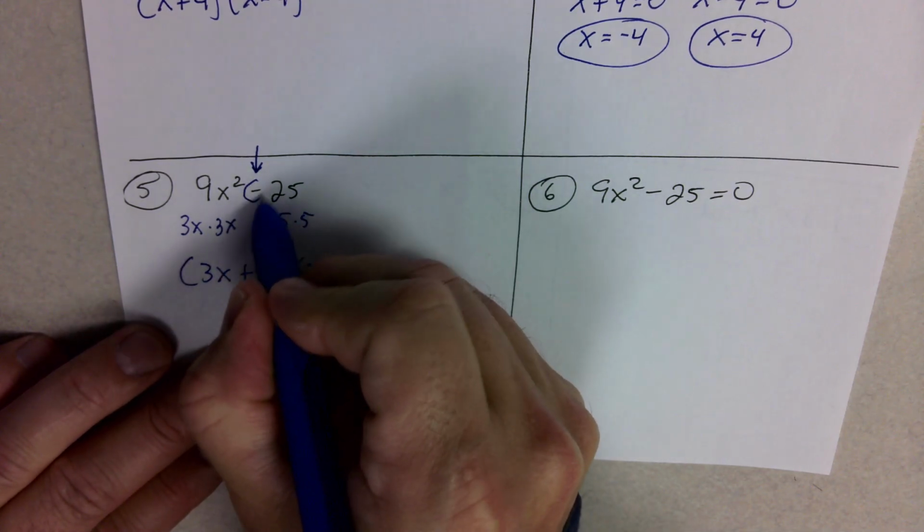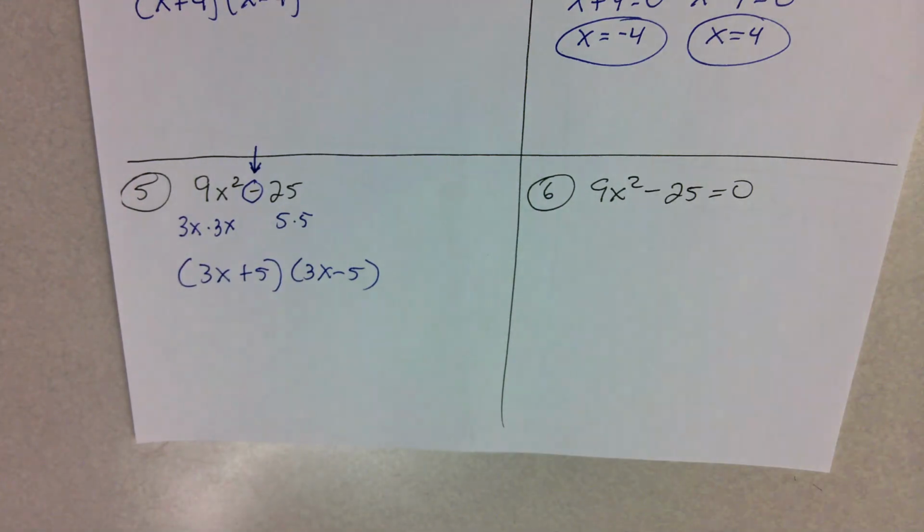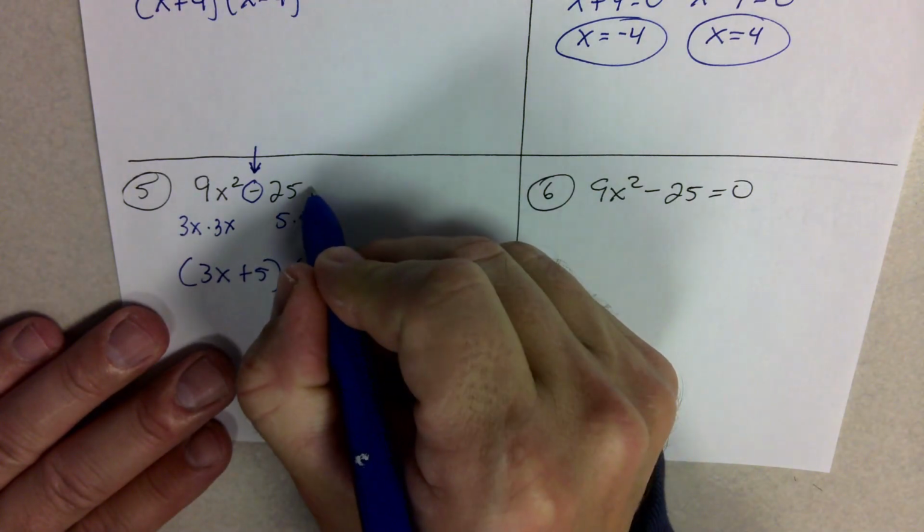If there is subtraction here, I know that if I do the box method, the middle term, which is 0x, will cancel out. If you are confused on this, you can always do this.